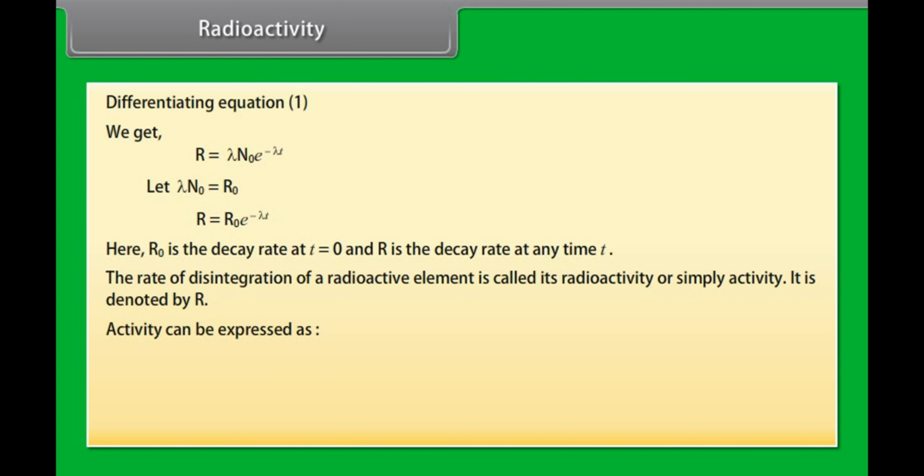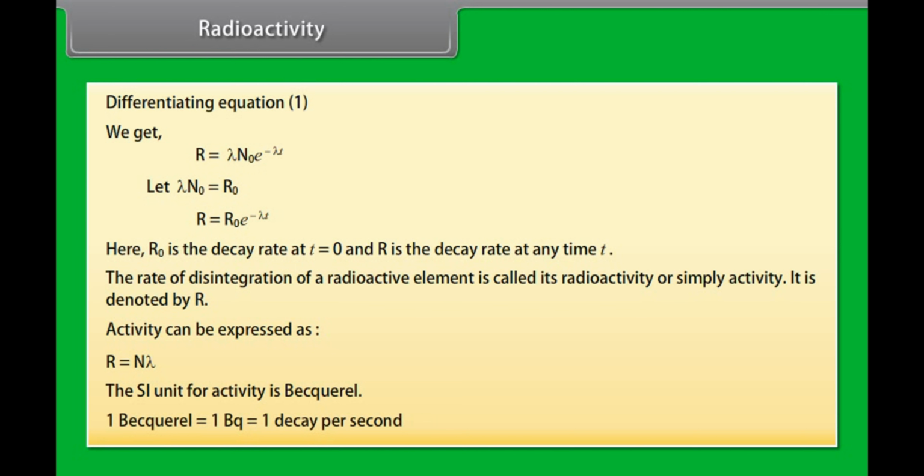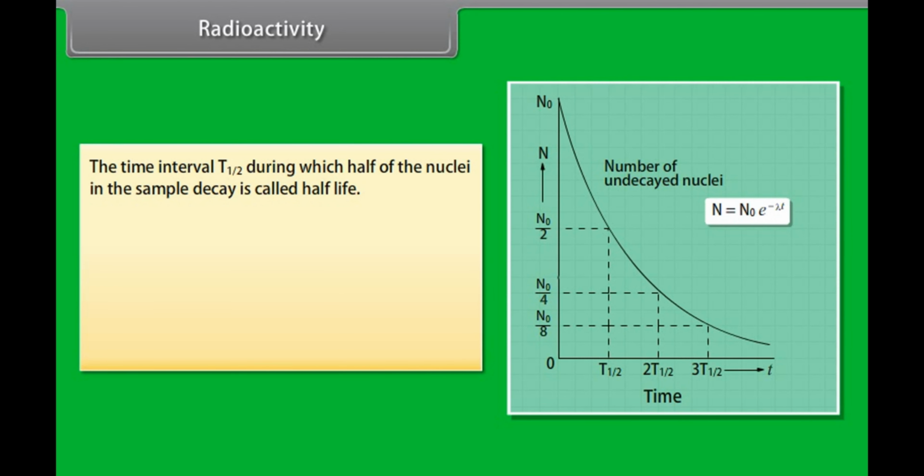Activity can be expressed as R = Nλ. The SI unit for activity is becquerel. 1 becquerel = 1 Bq = 1 decay per second. Half-life: the time interval T1/2 during which half of the nuclei in the sample decay is called half-life.